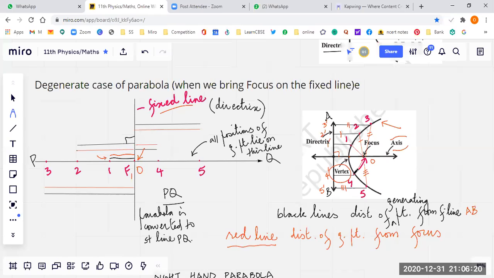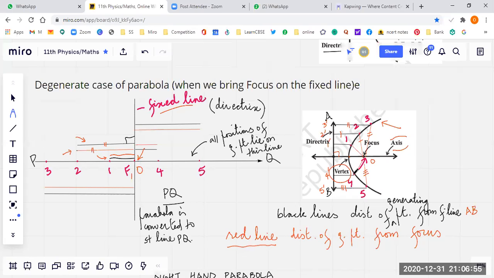Now the second point. Again let us see the distance of this point from the focus O. The red line is showing 2O, and the corresponding black line is showing the distance of point 2 from the fixed line. Both are the same. Similarly with 3, the red line shows the distance of point 3 from the focus, and the same is the distance of point 3 from the line. Same with the case of 4, red line, black line.